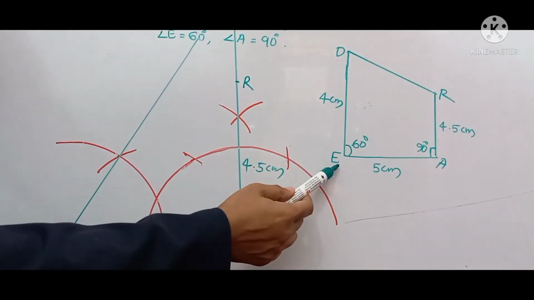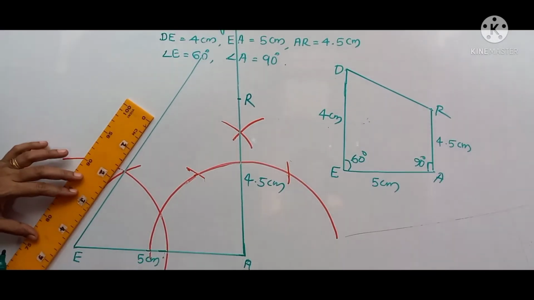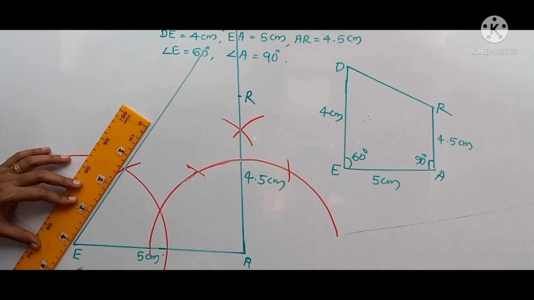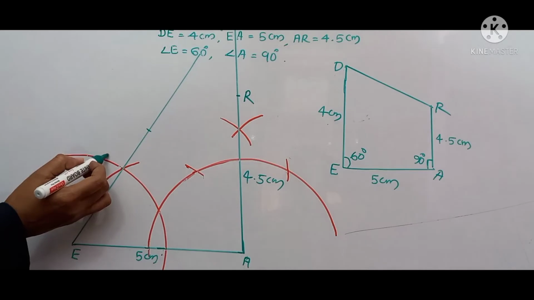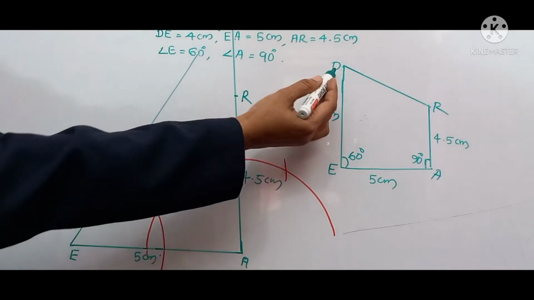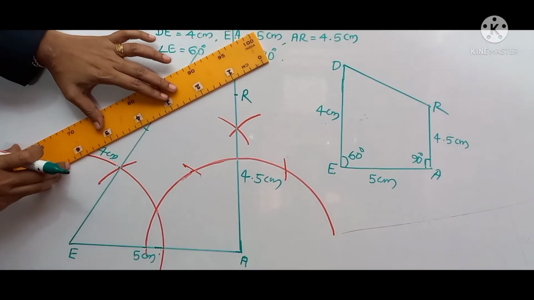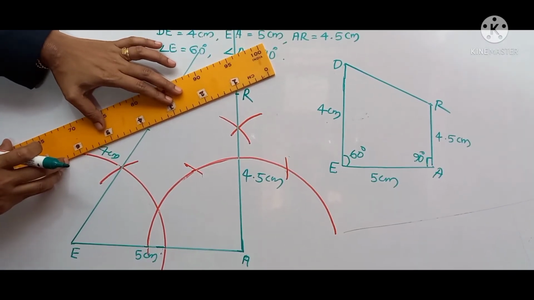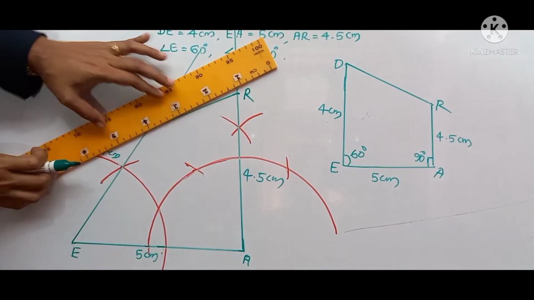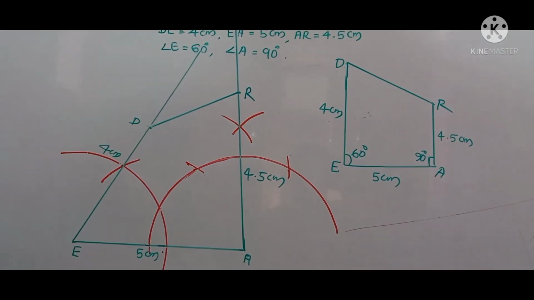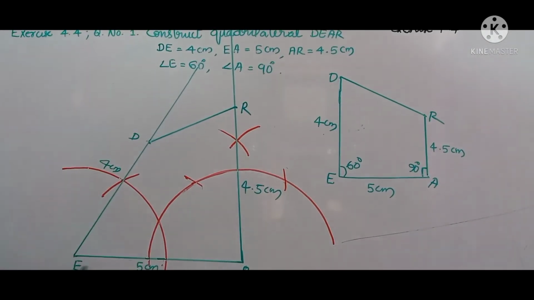Next we have to get that point D. So D from that E 4 centimeter away. So taking 4 centimeter by using a ruler, marking it here, 4 centimeter, that is the point D. Now we have all points, just we want to join D and R. Now we have completed that quadrilateral DEAR.